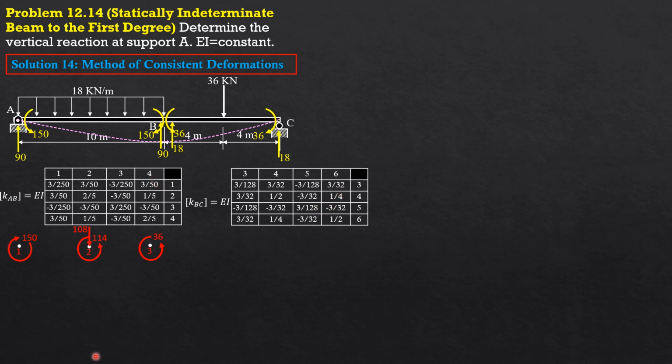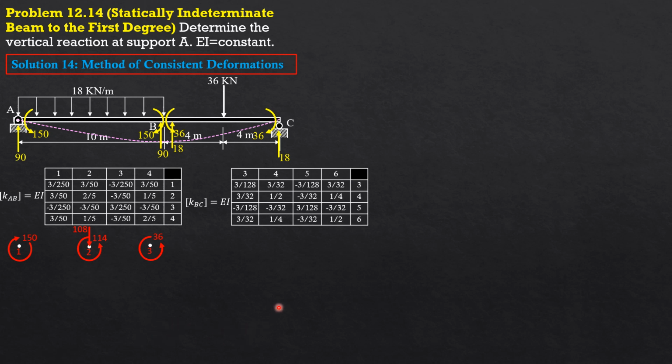So we copy by symmetry: negative 3 over 50, 1/5, and 0. And 3, 3 again, we have 3 over 250 plus 3 over 128, so that's 567 over 16,000, and so on and so forth. So you just put the values here.